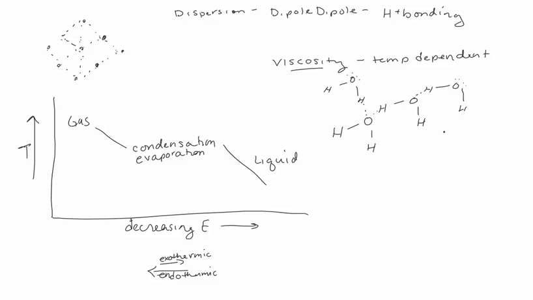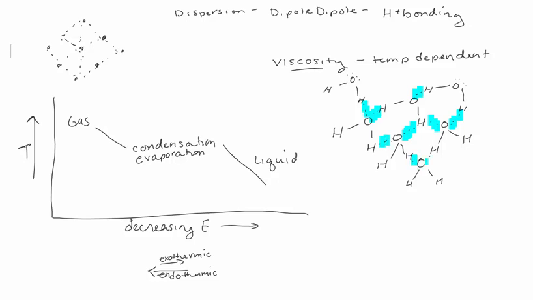So when we have something like honey, and it has a lot of interactions, it doesn't want to let go of its nearest neighbor, then what we have is a very viscous liquid. So as I'm drawing out the water interactions here, you can imagine, regardless of what the molecules are, these dotted lines, which I'm just going to highlight to call attention to them, are our intermolecular forces.